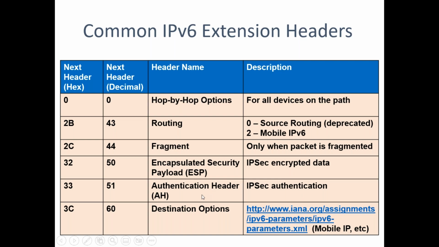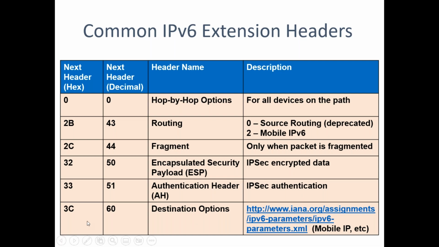ESP and AH, you may know from doing IPsec. These were backported to IPv4, and so they are essentially the same on both. Destination options is one of my favorites because this is really, in some ways, what gives the most flexibility to IPv6.